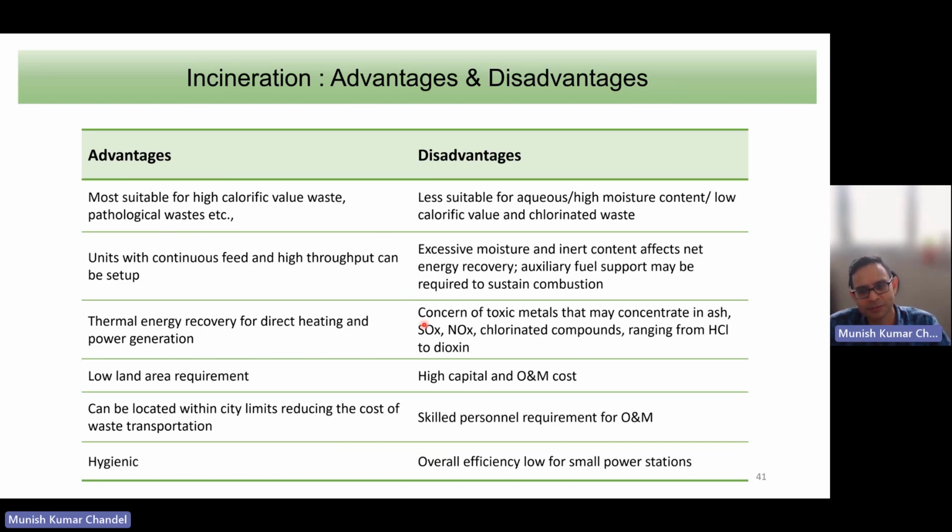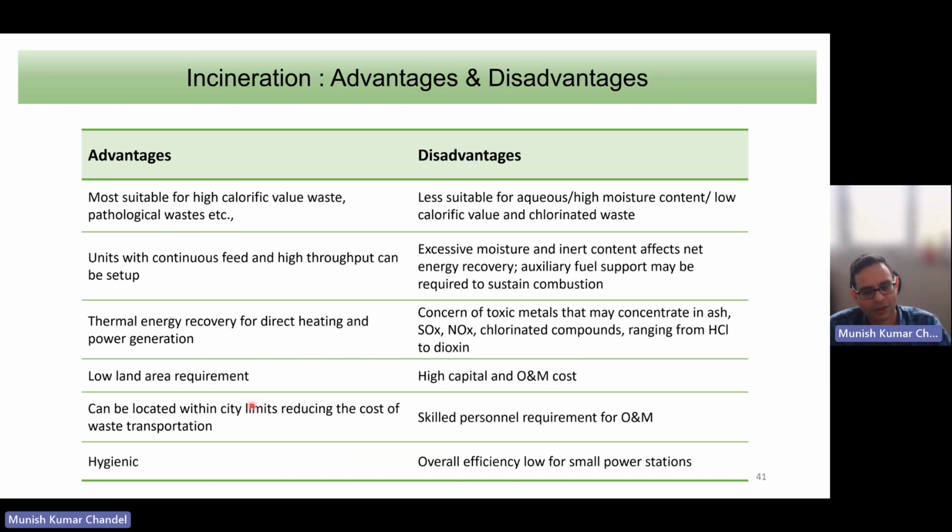However, when we burn this waste, there are many toxic gases that can hamper your environment. Low land area requirement compared to other conventional technologies like composting. However, the capital cost and operation and maintenance cost is often quite high compared to other technologies. It can be located within city limits because of the low land area requirement.